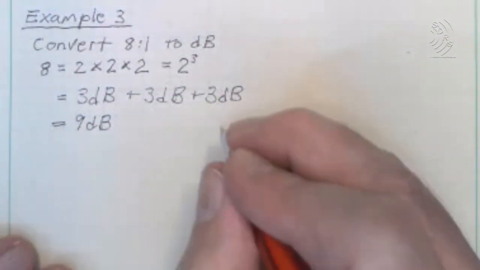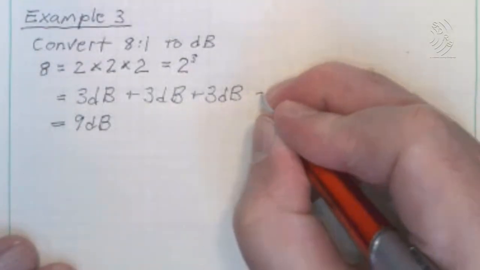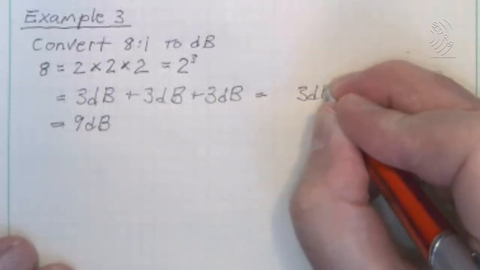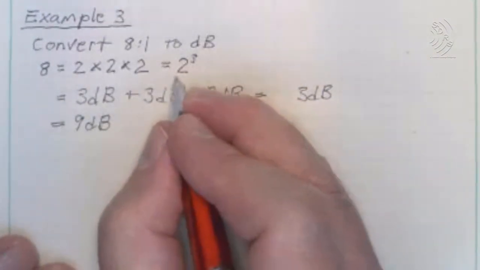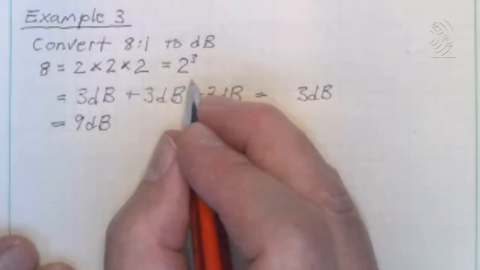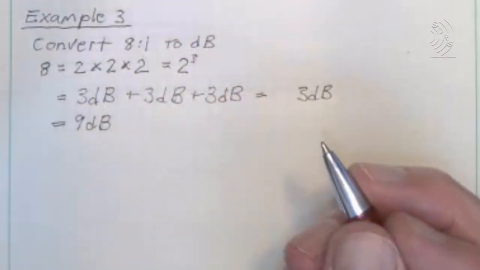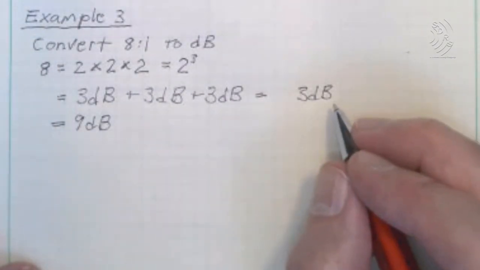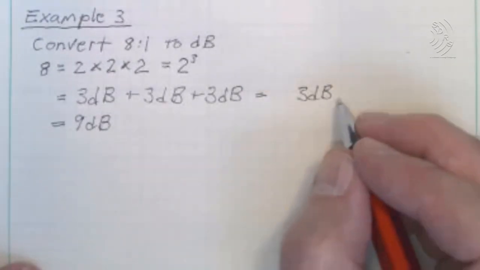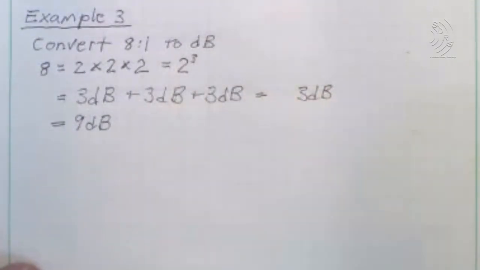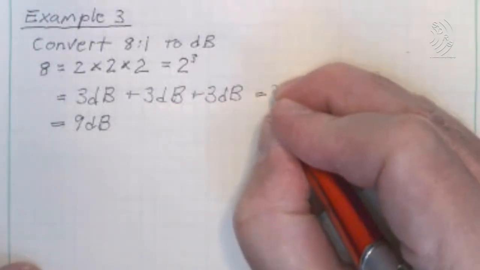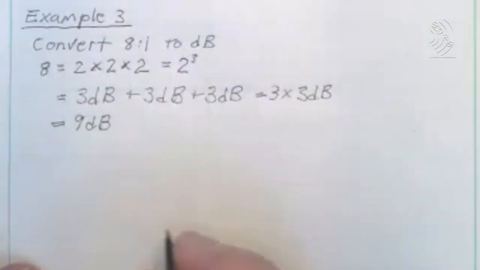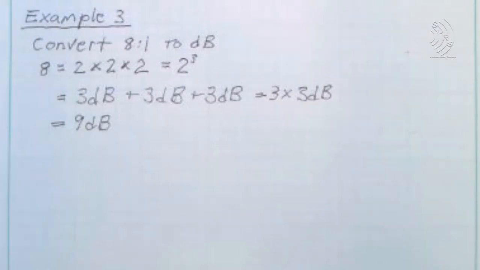And another way we could have written this is as 3 dB, and then instead of raising the number to a power as we do with ratios or absolute quantities such as watts, for example, we will multiply the dB value by this exponent. And so that becomes 3 times 3 dB, and that's also equal to 9 dB.